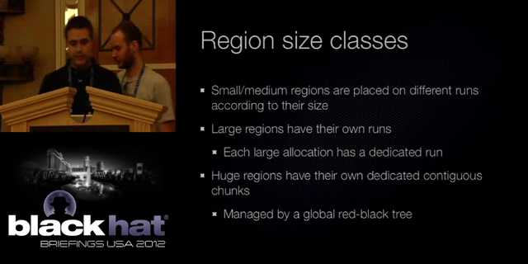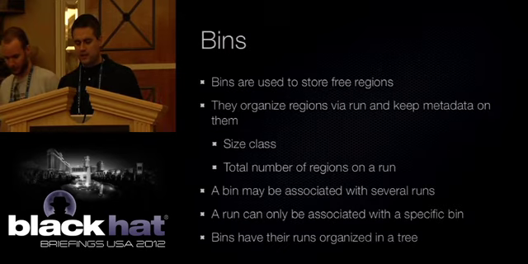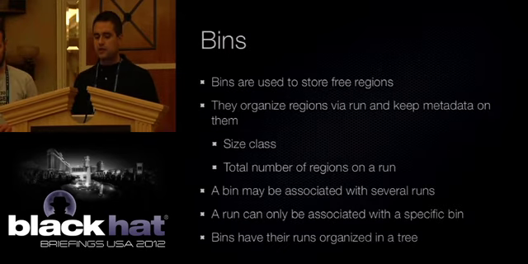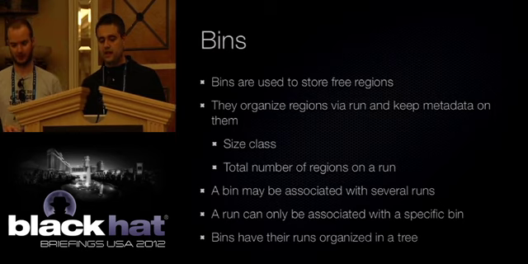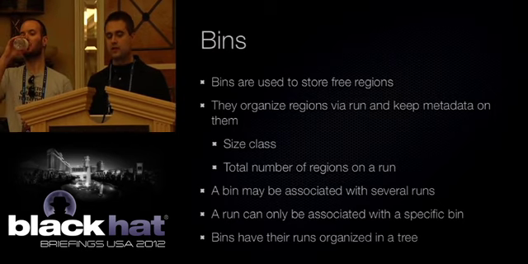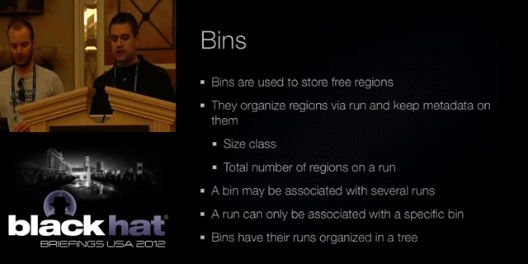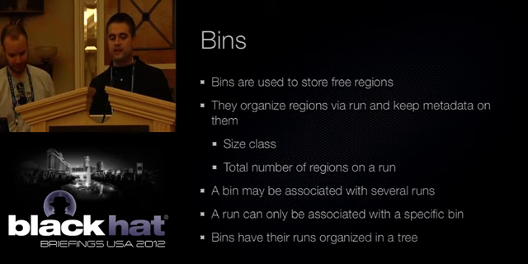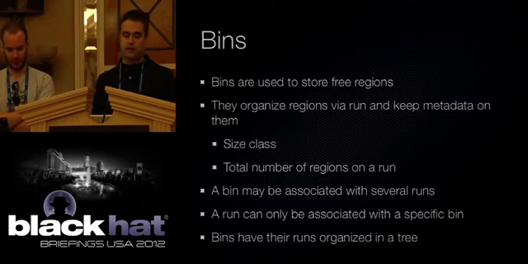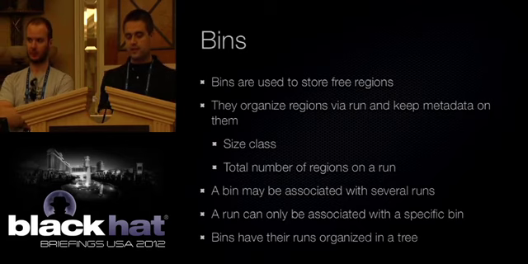Okay, so bins are, as I have already mentioned, the data structure that is used to locate the free regions on the runs. Basically, they're used as an organizational structure to keep metadata on the runs of Jemalloc, and they organize them by size class. So for example, for allocations of size 2, there's a dedicated bin.